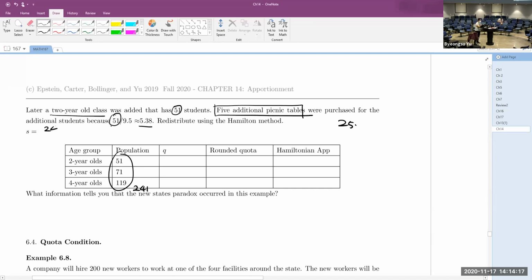So it is 241 over 25, and if you use a calculator, it is 9.64. So now you understand why this is 25 instead of 20, right? Because we have 5 additional picnic tables. That's why we divide the whole population not by 20, but by 25.